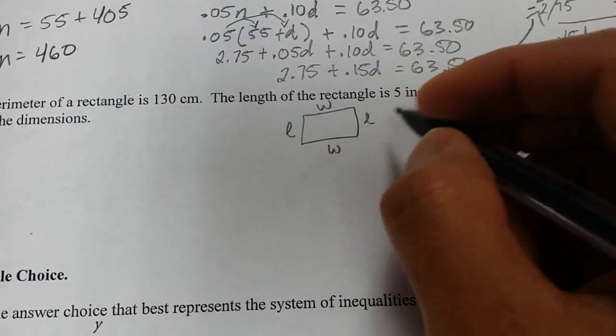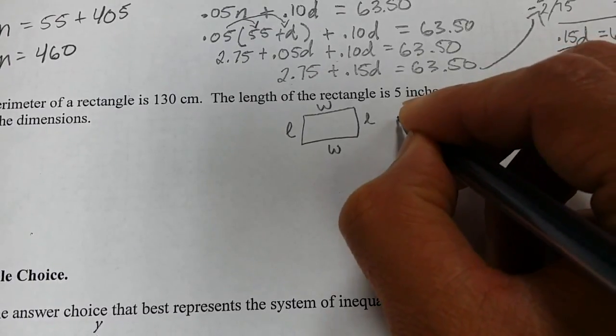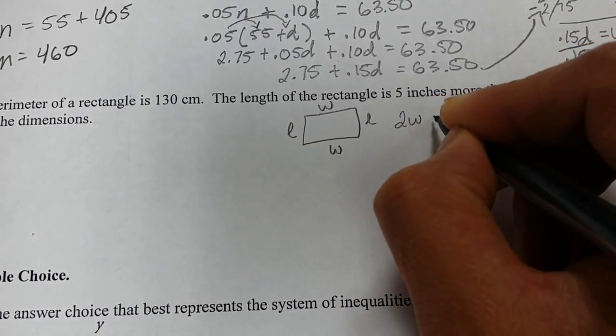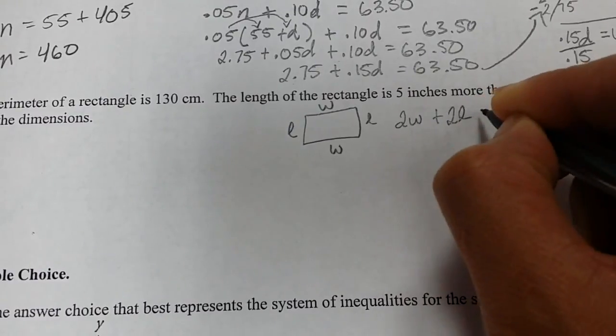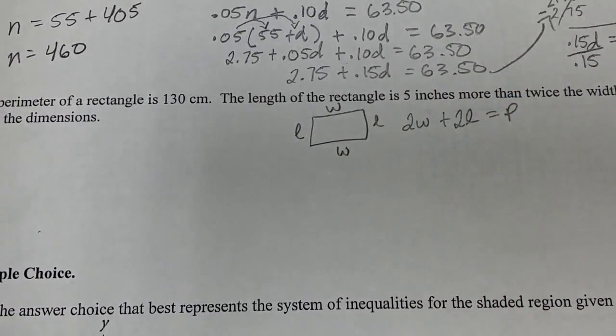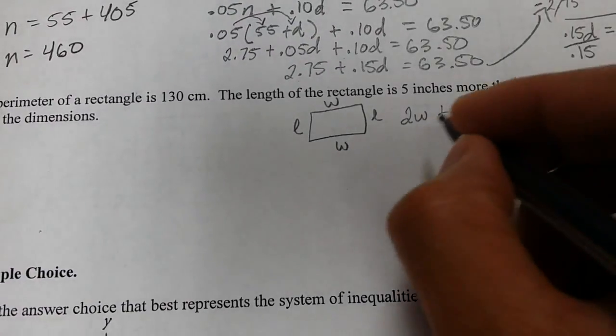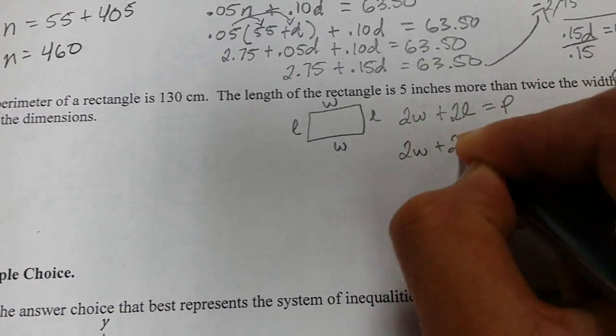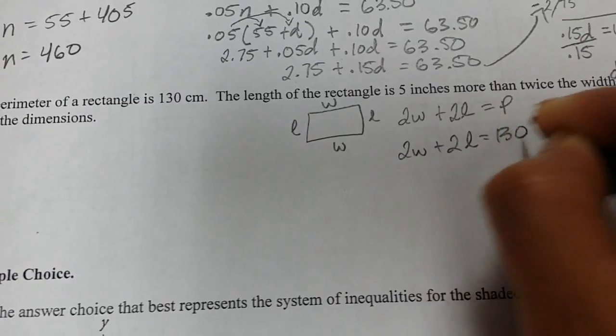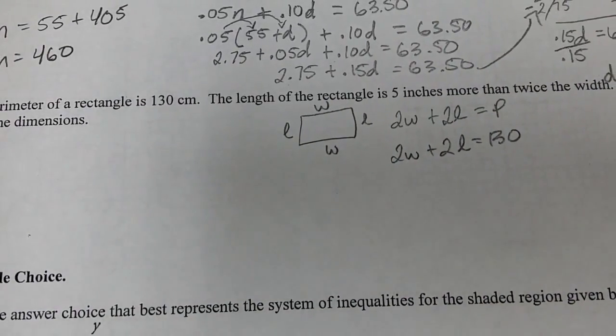Or in better terms, you can say the perimeter is 2 times the width plus 2 times the length. Okay? Well, the perimeter is given here. It is 130 centimeters.